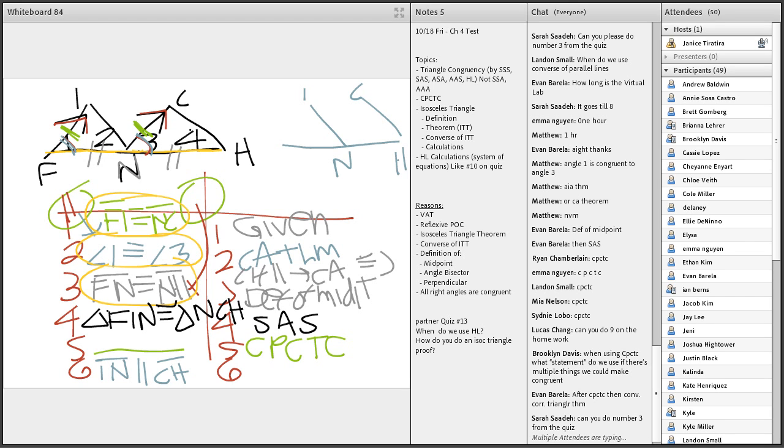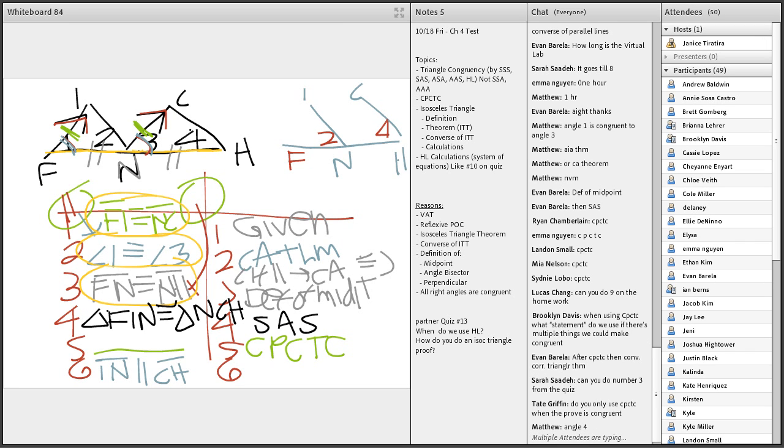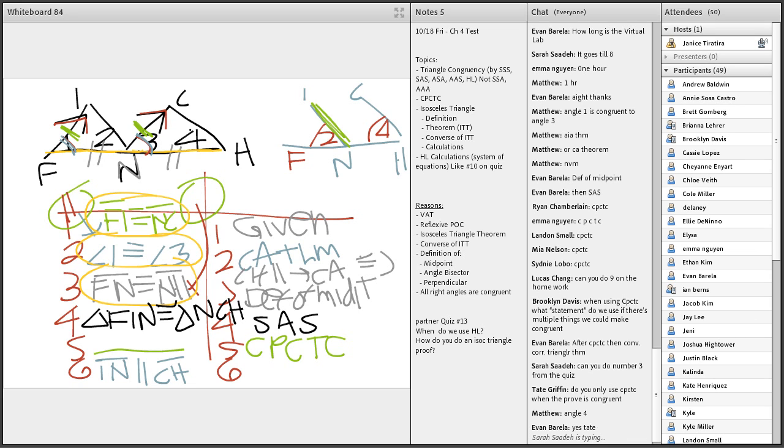But if I want to prove that, then I look at the angles that are touching segment IN and segment FN. In between, there's this angle 2. And what's touching CH and HN is angle 4. Well, if somehow I can say those angles are congruent, then it forces these lines or segments to be parallel.